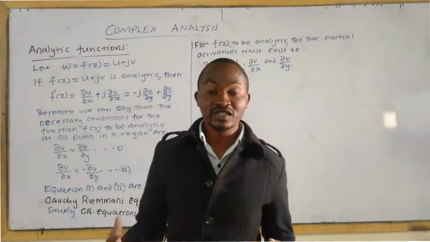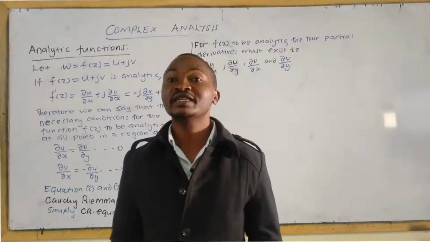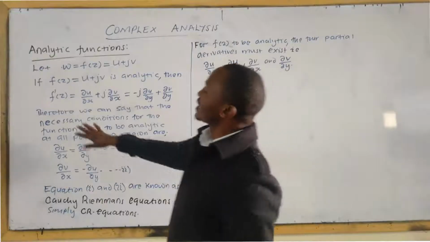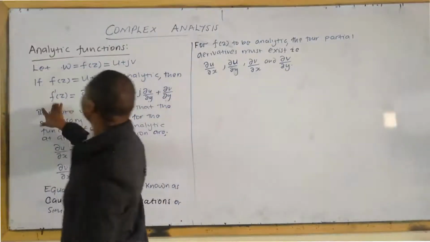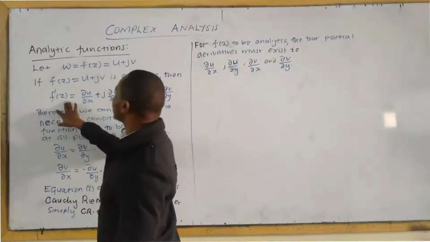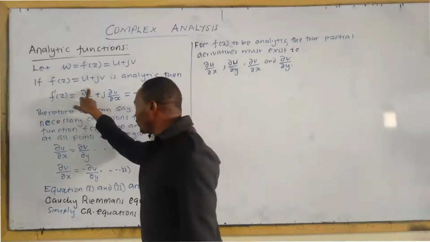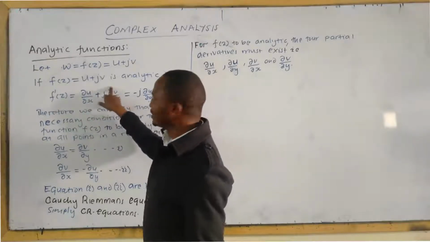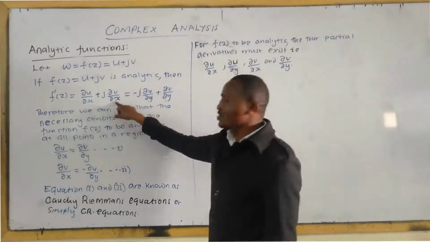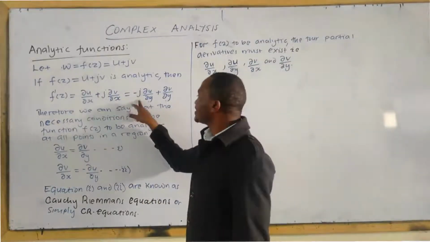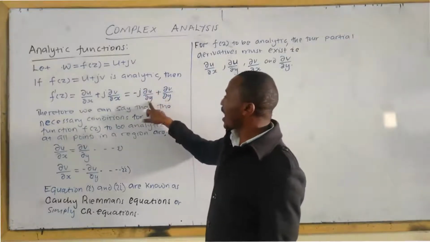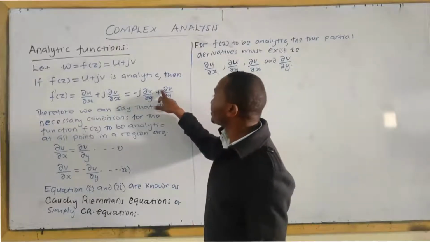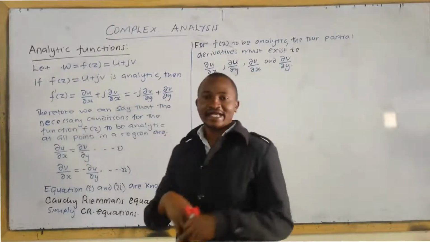This function can be said to be analytic if the first derivative of f(z), which is equal to the partial derivative of u with respect to x plus j partial derivative of v with respect to x, which is also equal to negative j partial derivative of u with respect to y plus partial derivative of v with respect to y, exists.